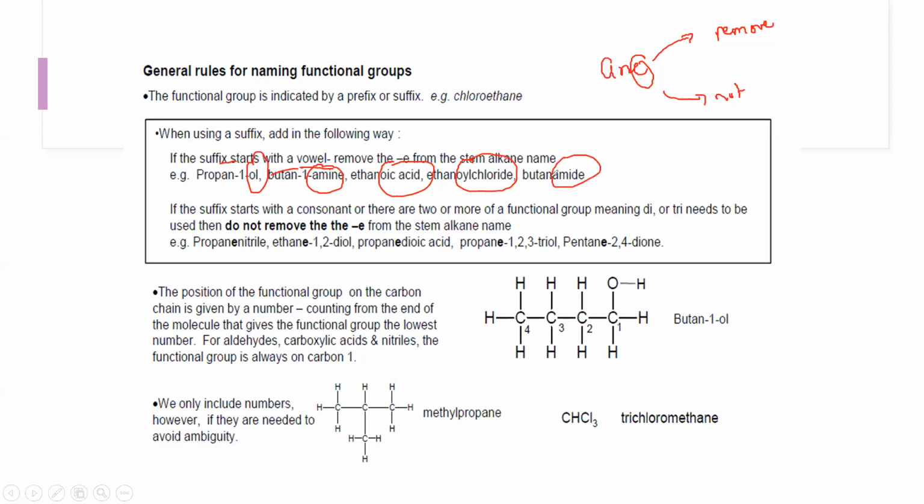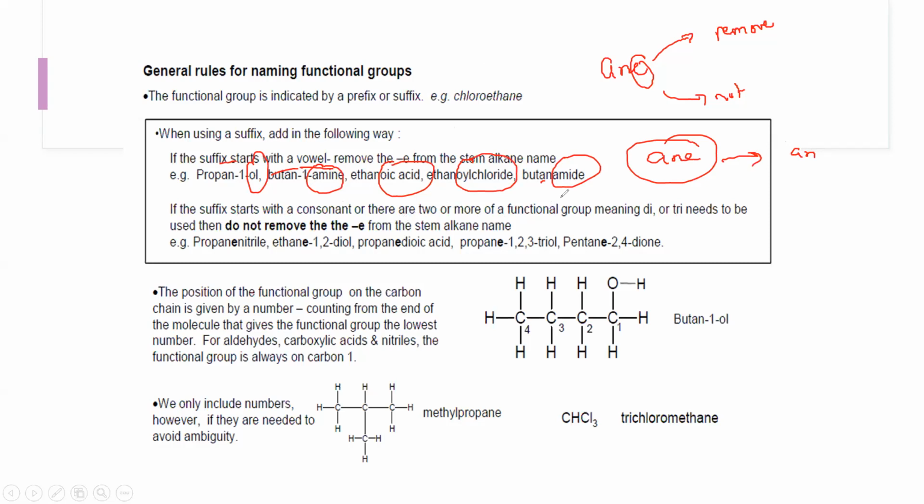In all these cases you can see that even though there is a single bond, we don't represent it by ANE, we just represent it by AN only. But if the suffix starts with something other than a vowel, for example a number or a consonant, we do not remove the E from the stem.